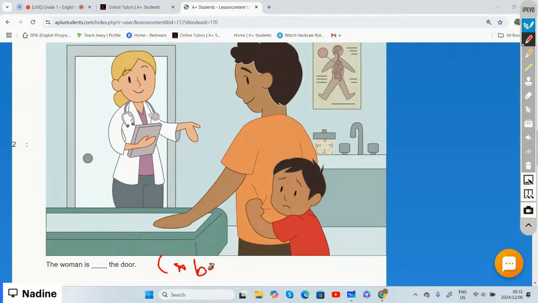Do we say the woman is behind the door, or do we say the woman is in front of the door? So is the woman behind the door or in front of the door? Which one is correct?